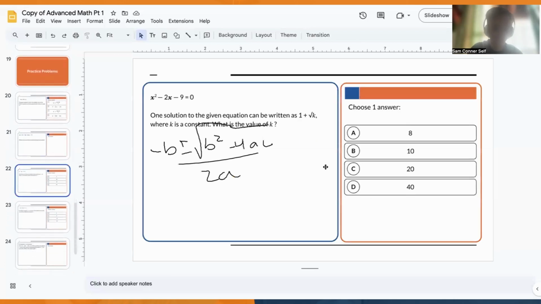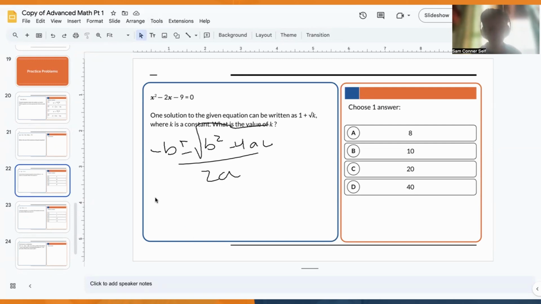Okay. And then looking back at this, to solve, we just have to plug these a, b, and c into this equation.